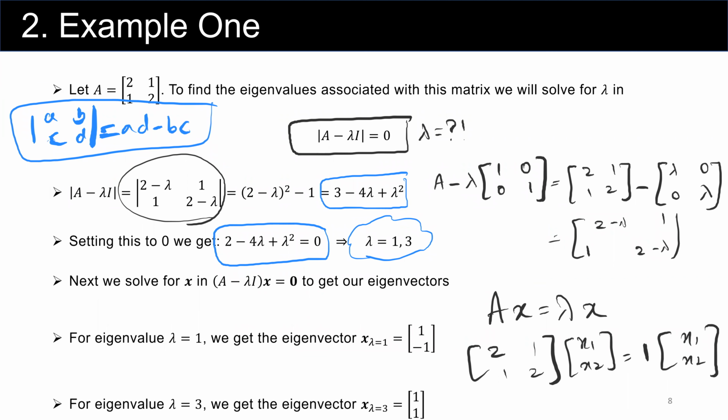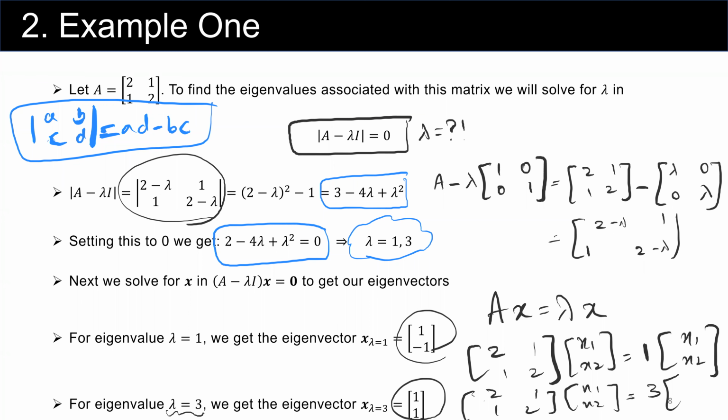So one viable solution here could be 1 and minus 1. All right. For eigenvalue lambda equal to 3, we get the eigenvector. So this is going to be our eigenvector. So if we have [2, 1; 1, 2] times x sub 1, x sub 2 equal to 3 times x sub 1, x sub 2, we lead to this vector.